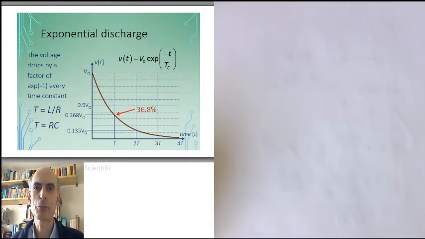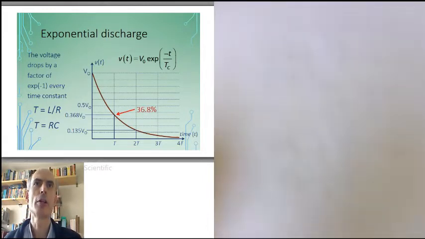We'll start with the exponential discharge, or at least this is the graph that we got when we plotted the discharge characteristic of a capacitor. It's also the plot that we got when we plotted the charging up of the inductor, when the current was starting to flow through the inductor.